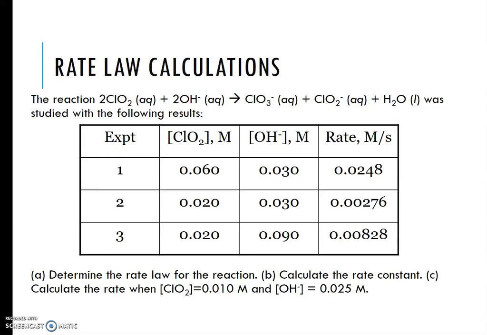We're given 3 experiments. If we want to look at the effect of ClO2, we are probably going to use experiments 1 and 2 because the concentrations of ClO2 changes, but the concentration of OH minus, or hydroxide, does not. So the effect on the rate is only from changing the ClO2.